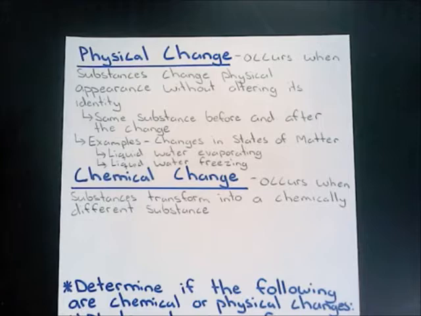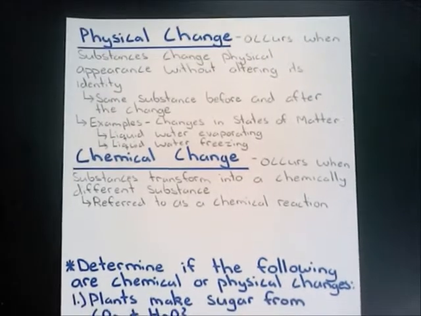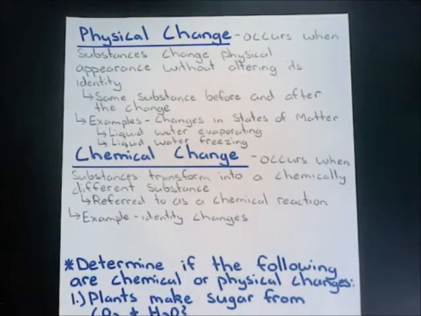And this is more easily thought of as a chemical reaction. A really good example of this is when one substance undergoes an identity change. A real-world example of this is a reaction between hydrogen and oxygen gases to produce water.